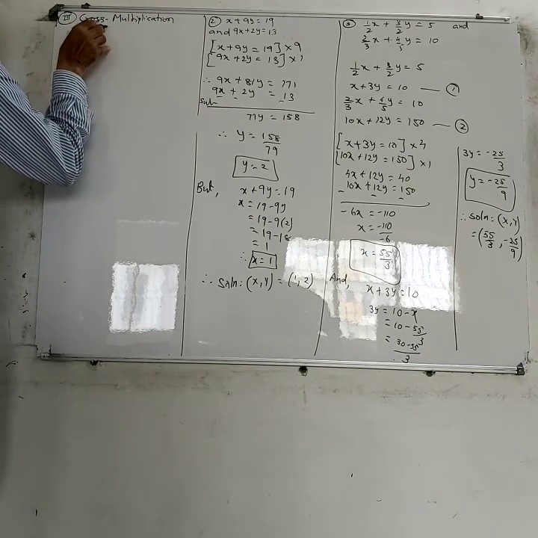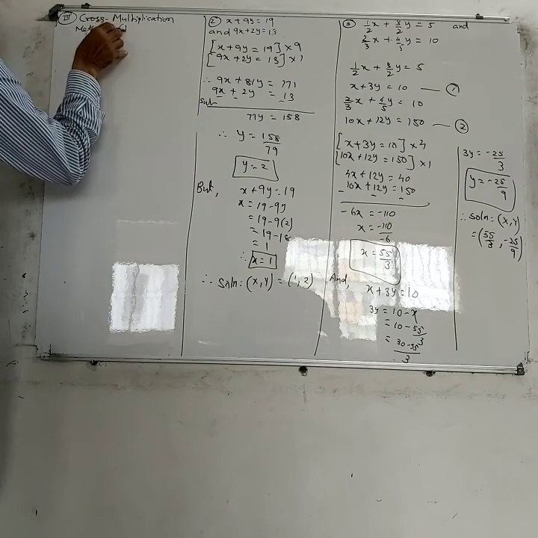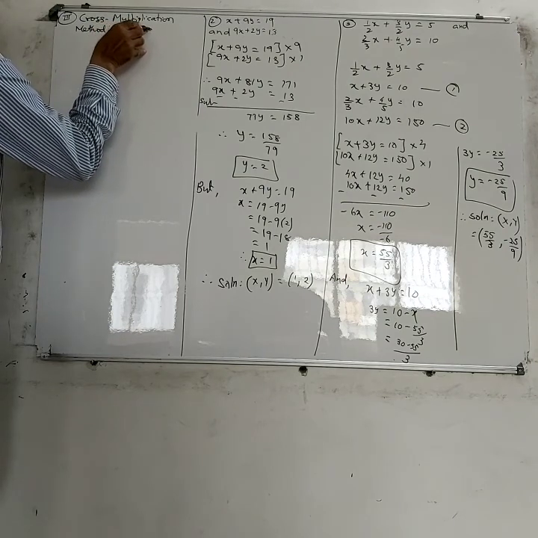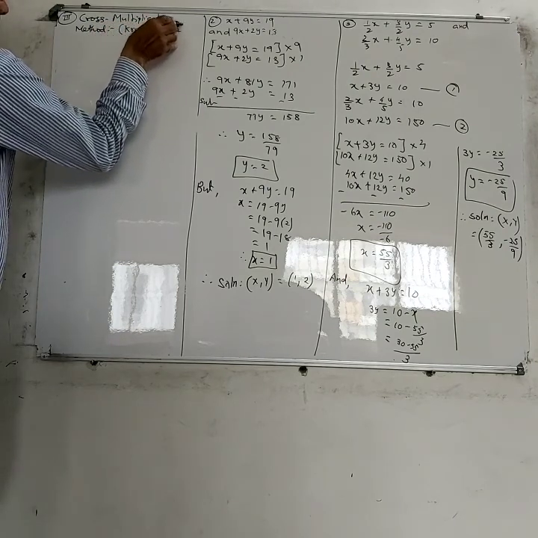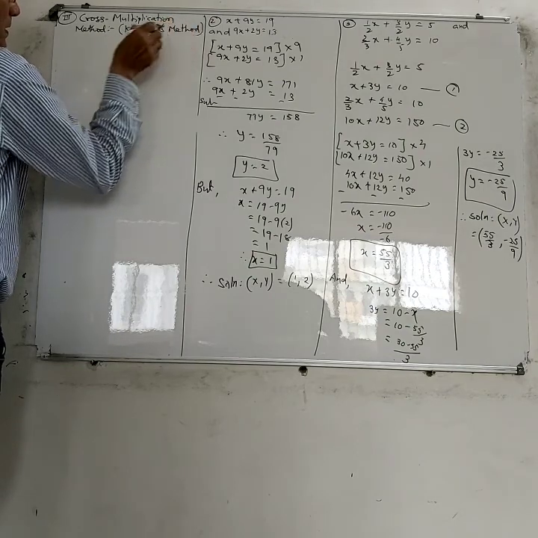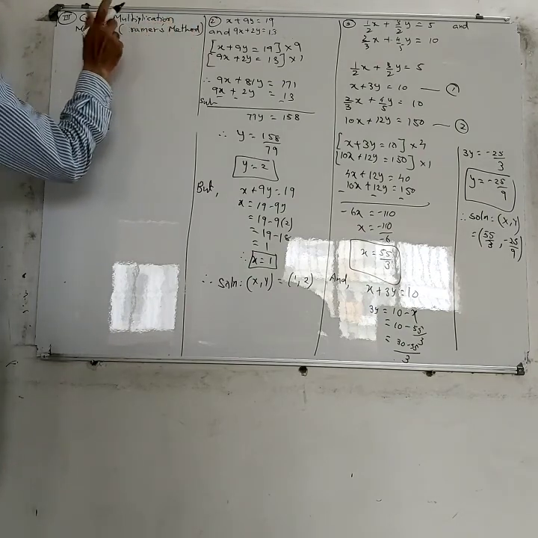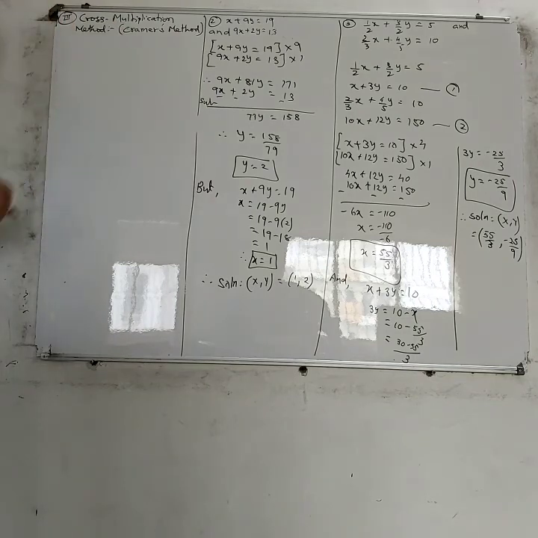This cross multiplication method is also called Cramer's method. Sometimes they write C instead of K, but both are okay.